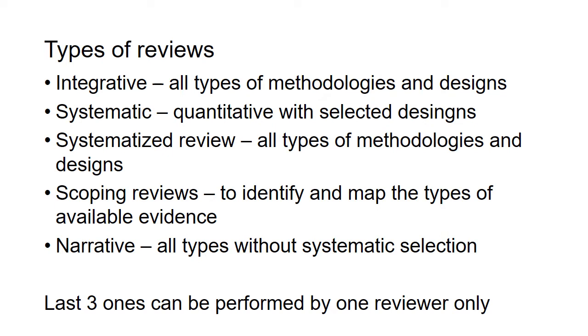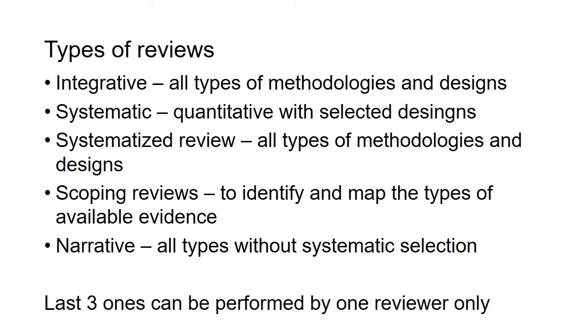The difference between systematized reviews and integrative and systematic ones is that only one person can do a systematized review, and all types of methodologies and designs can be accepted.